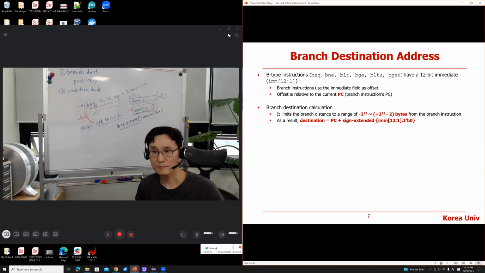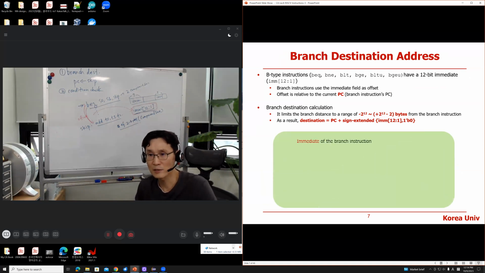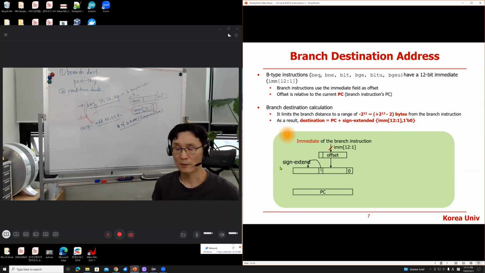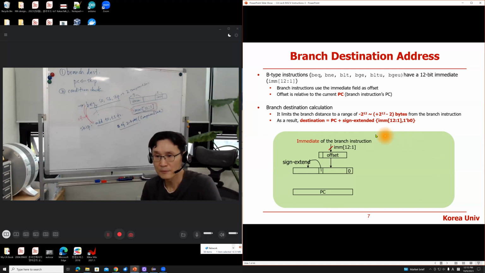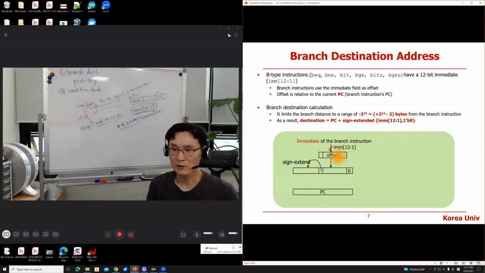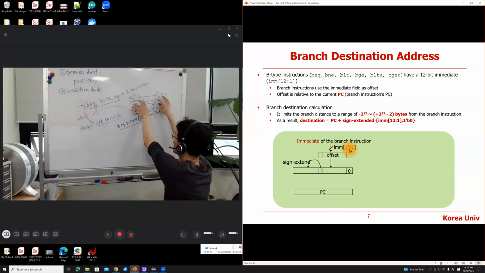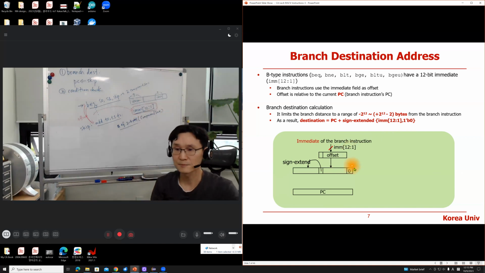Okay. So check out how the destination is computed. It should be computed inside the CPU. Look at this. This green box is the CPU. Then you have a branch instruction inside the CPU. So rearrange that, take out this 12 bits and rearrange to make it neat and nice like this.